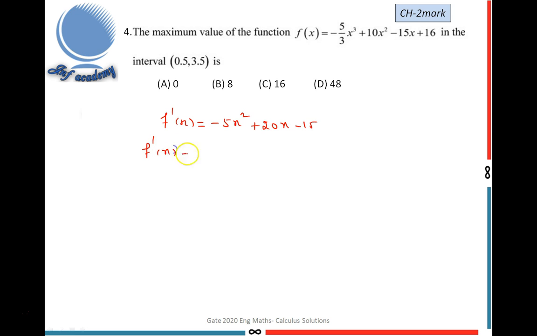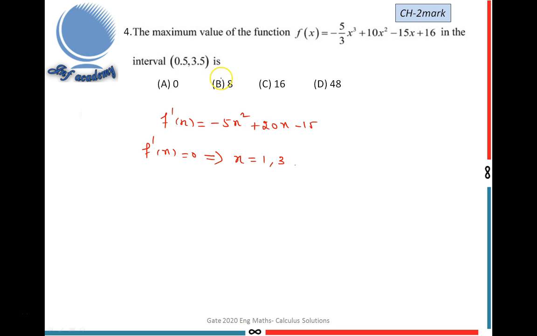Next, f dash of x equal to 0 gives a quadratic equation. I solve it and get two values, 1 and 3. These are the critical points, and both lie inside the interval 0.5 comma 3.5.